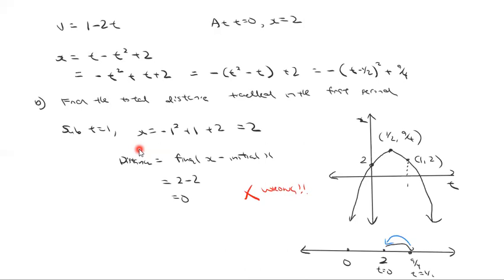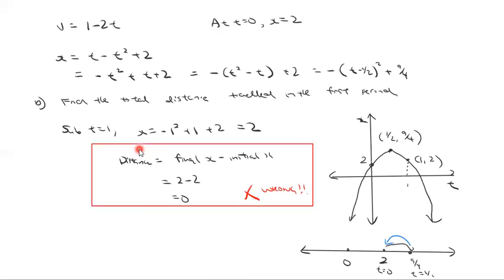All those things that we talked about, distance and displacement and so forth, now come back to haunt you. So I said it wasn't useless. If we just stayed at 2 and didn't do anything, then the distance would be 0. But because it goes from 2 to 2.25 and then back to 2, the distance is 1/4 plus 1/4, and so the actual answer is 1/2.